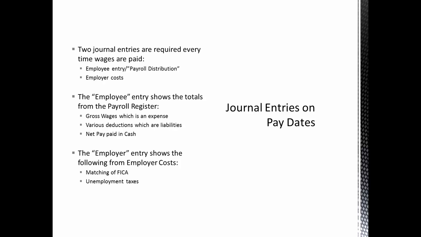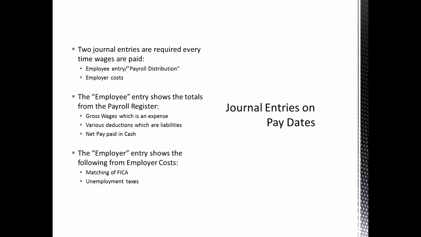Then we have various deductions, which are liabilities. We've taken things out of the employee's checks, but they don't belong to us, the company. They have to be sent on to whoever. So payroll taxes, such as your 941 deposits, are made to the IRS.